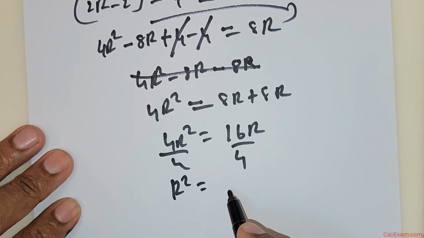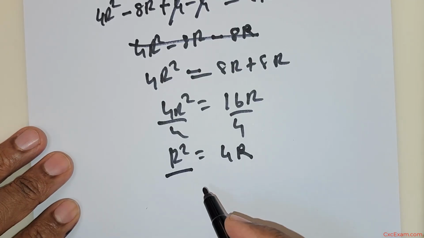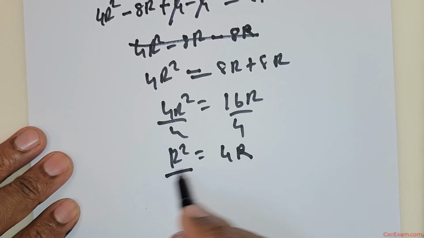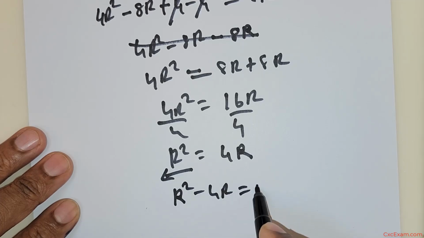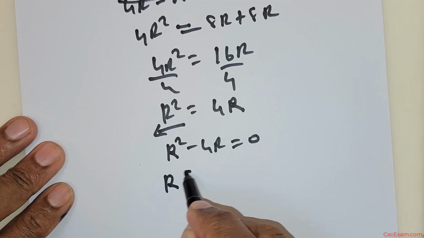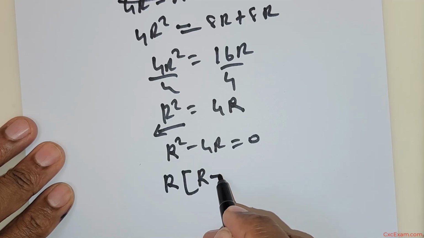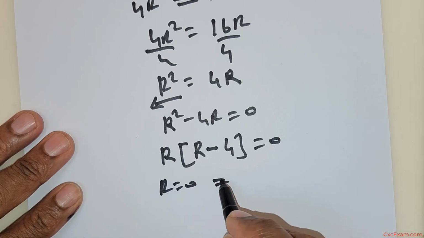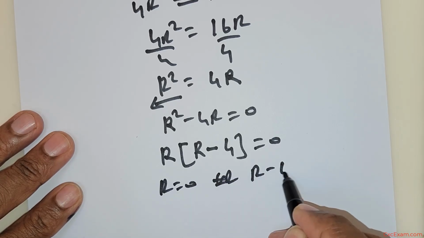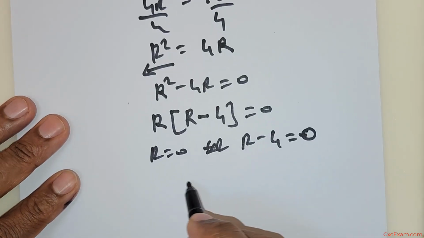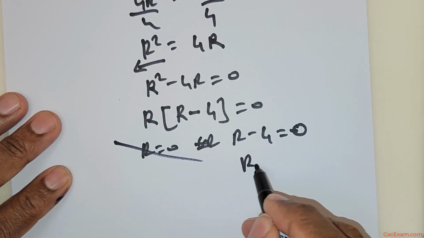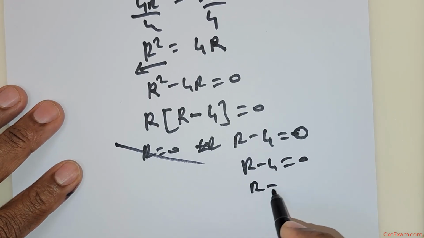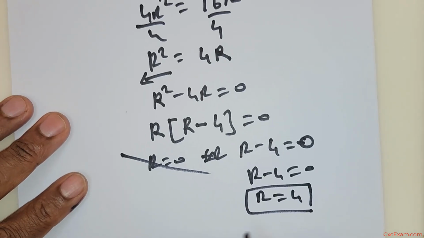You get r squared is equal to 4r. You can bring this to the other end. So you get r squared minus 4r is equal to 0. You take r out, you get r(r minus 4) is equal to 0. So from here r is equal to 0 or r minus 4 is equal to 0. r equals 0 cannot happen, so r minus 4 is equal to 0 is taken. So r is equal to 4 is the value.